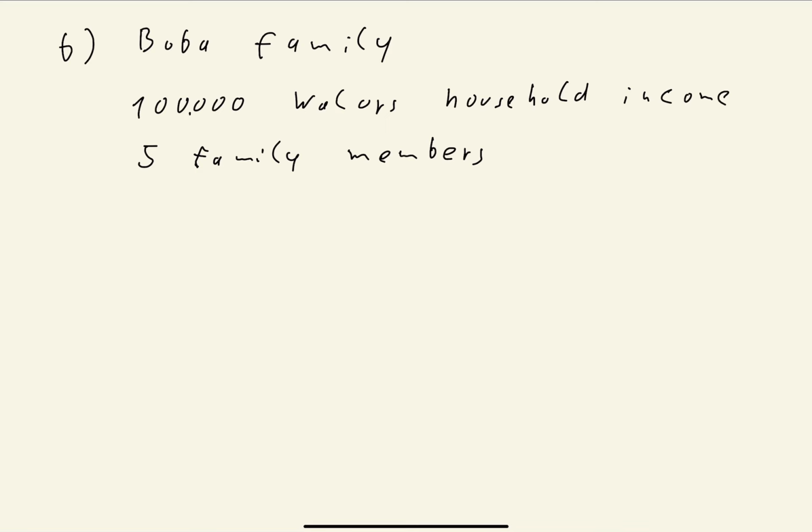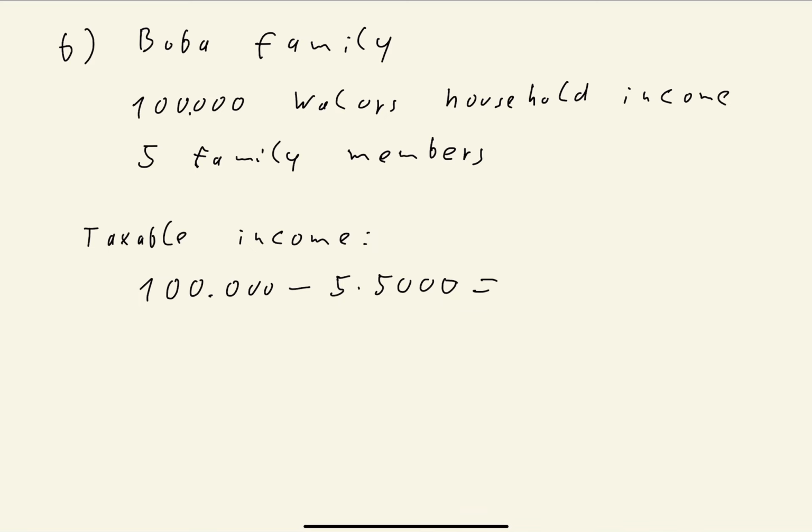First, let us calculate the taxable income. The taxable income is 100,000 minus the number of family members times the exemption, which is 5,000, and this is equal to 75,000.